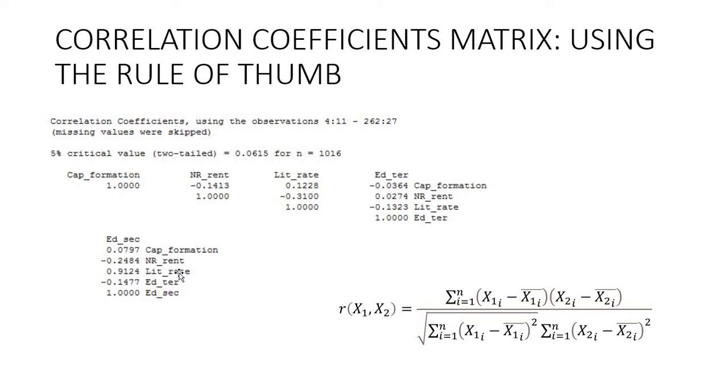So in our case, correlation coefficient calculated using this formula is close to 1, which indicates rather high level of correlation. So the problem with correlation coefficients analysis is that there is no exact value. So usually we use the rule of thumb by saying that the value of correlation coefficient above 0.5 indicates high correlation, and if it's below, it's fine.